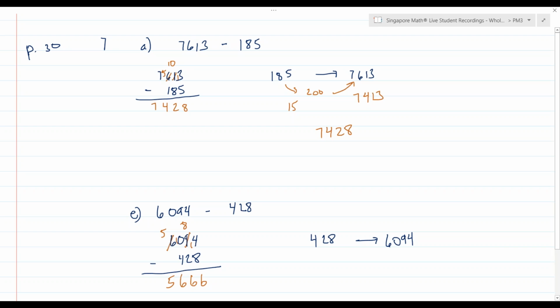But again, if I want to go from 428 to 500, I can do that by adding 72. From 500 to 1,000, maybe we want to take one more step in there, is 500. And then to get from 1,000 to 6,094 is 5,094.